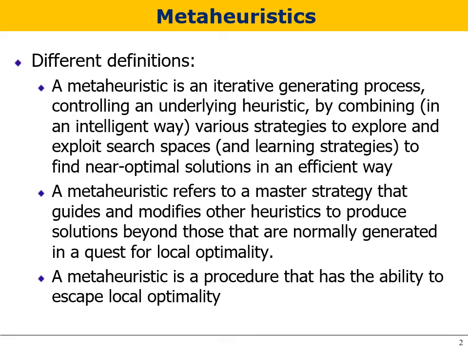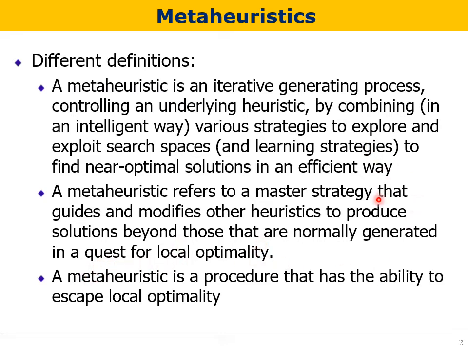Another definition says that a metaheuristic refers to a master strategy that guides and modifies other heuristics to produce solutions beyond those normally generated in the quest for local optimality.